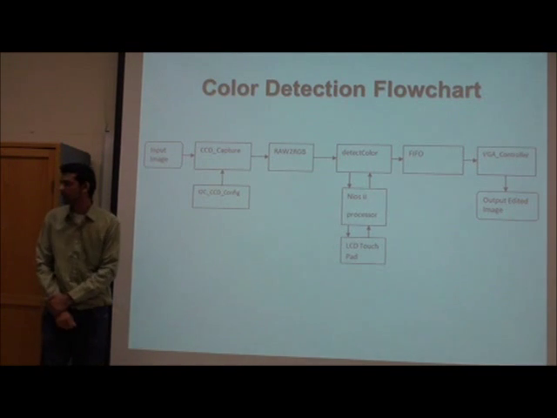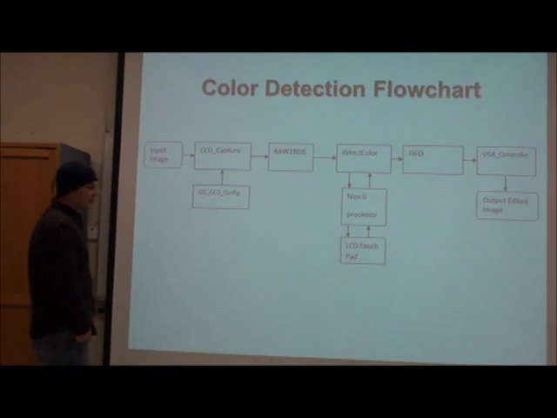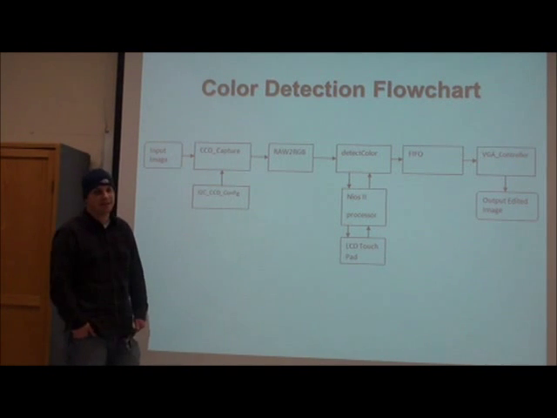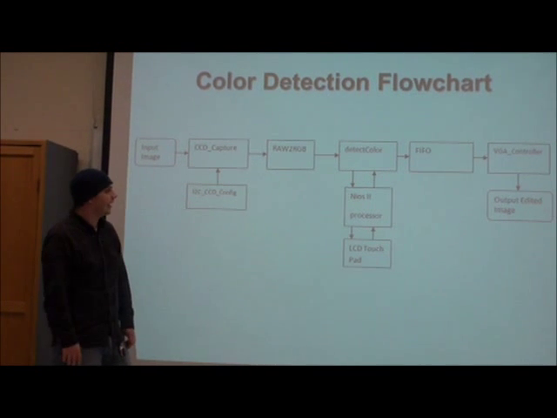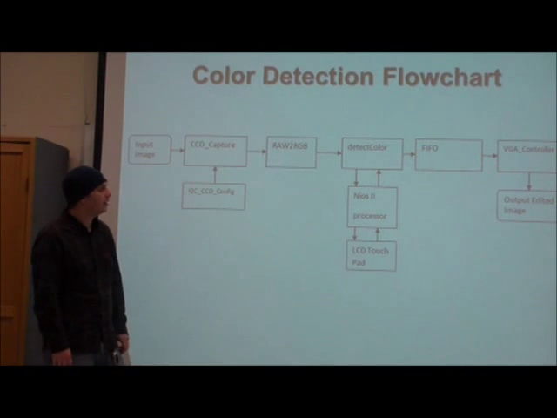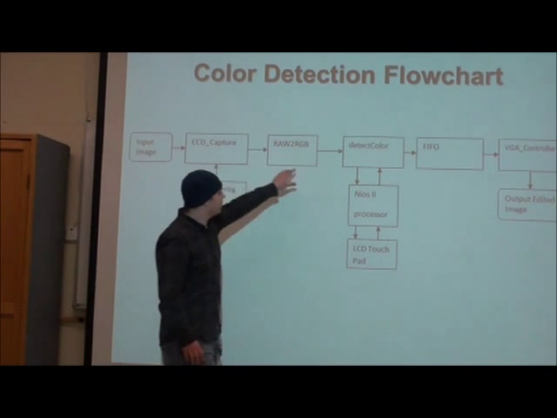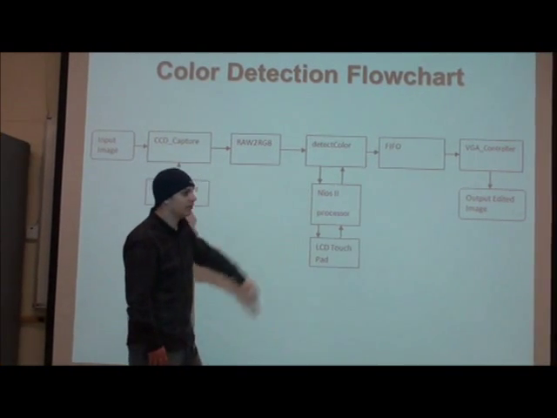And now Oleg will explain the color detection flowchart. We started with an example that Terasic provided, which basically took an image and displayed it on the VGA. What we did end up doing is, this part's kind of what we did right here. We stuck it in the flow.